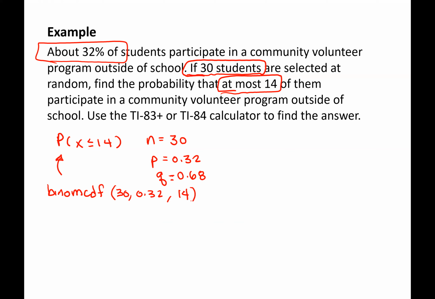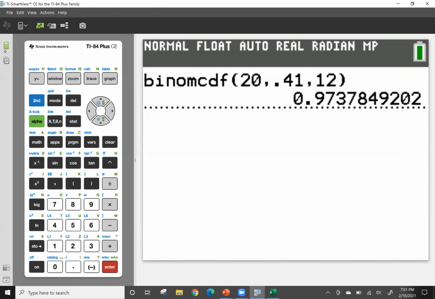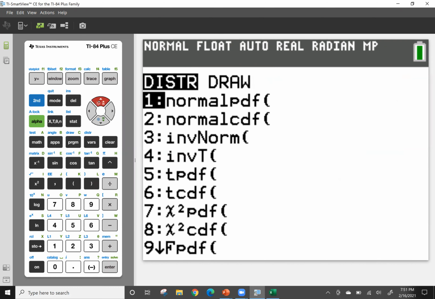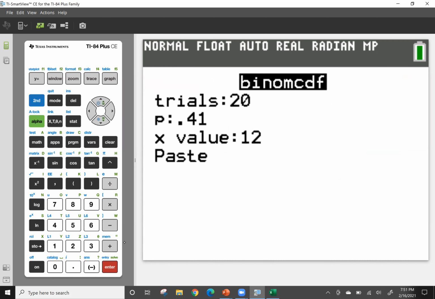So that's what we need to put into our calculator to calculate this probability. So let's go to our calculator. All right, so we're going to go to our distribution. We're going to find our binomial CDF, binomCDF. The number of trials, we were looking at 30 students. Probability of a success was 0.32. 32% of these kids participate in a community volunteer program.